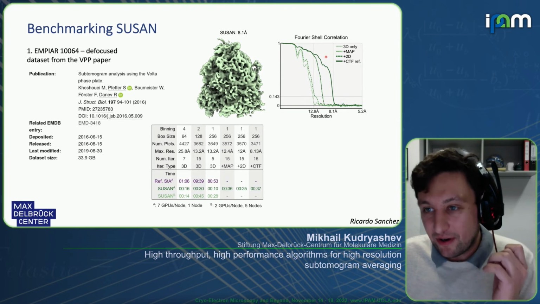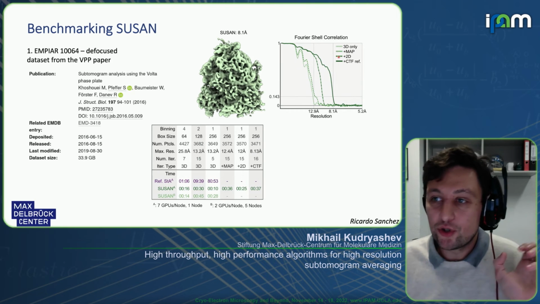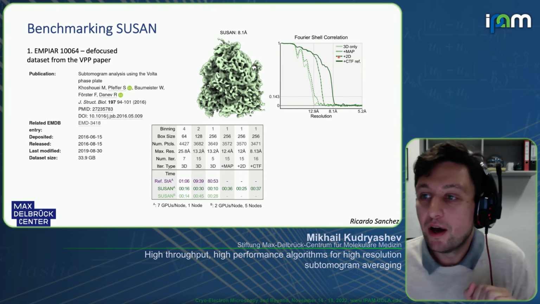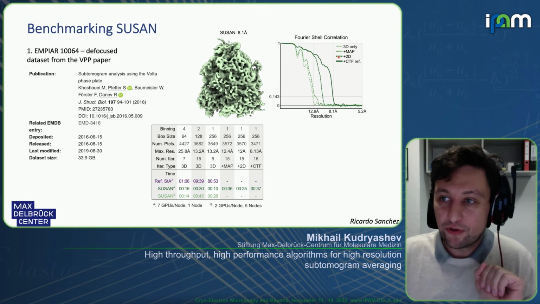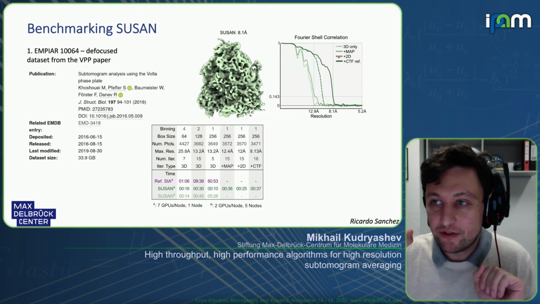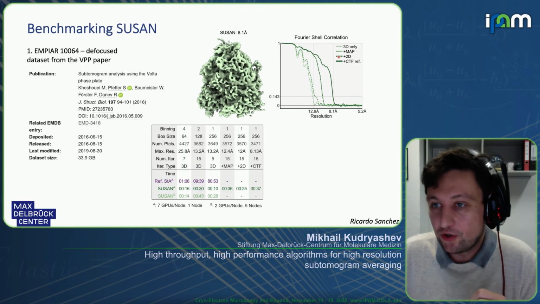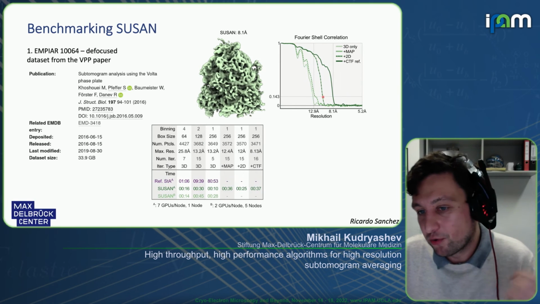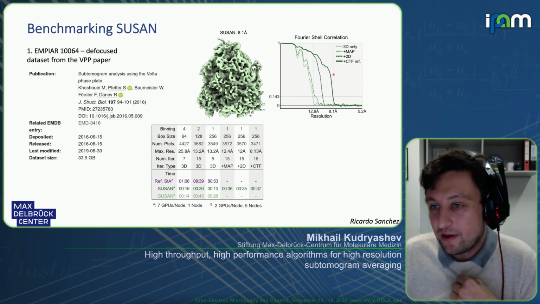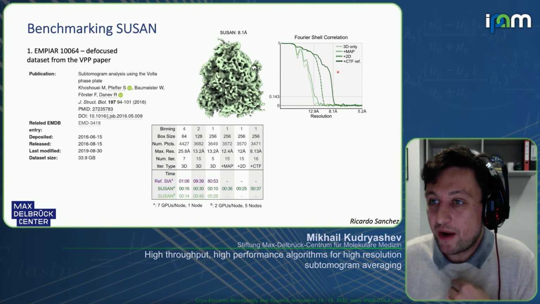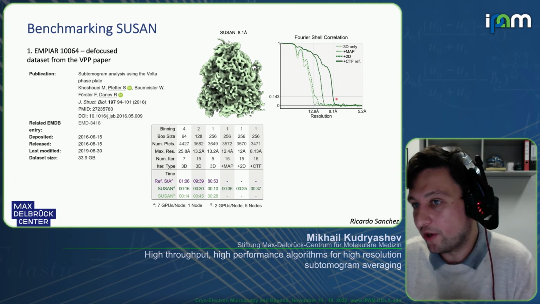But then you can enable the so-called 2D alignment, where each of the projections of your particle can move individually against the structure. And you see that this improved the resolution quite a bit, and then in the end, Ricardo's CTF refinement also improved the resolution a little bit more.